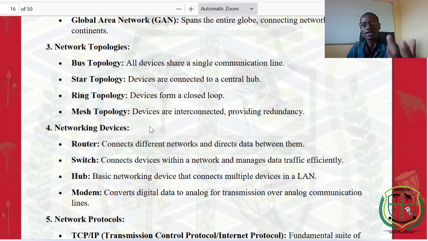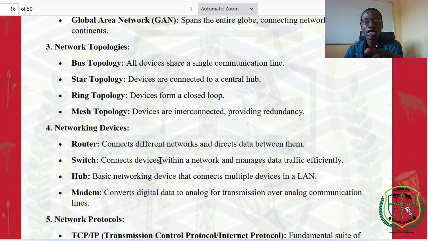So now we are looking at network devices. What are some of the network devices that are there? There's what we call the router. You and I may have an idea of what a router is. A router connects different networks and directs data between them.